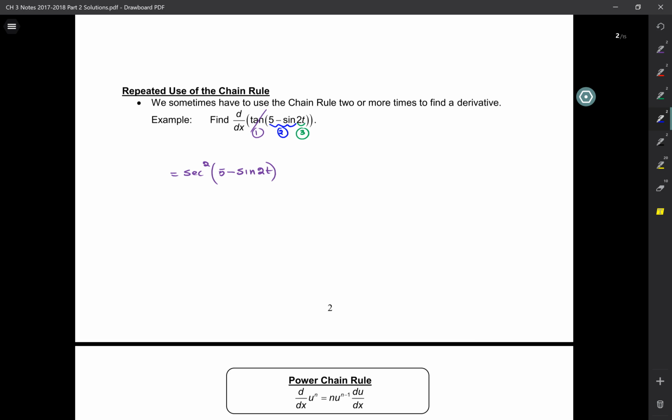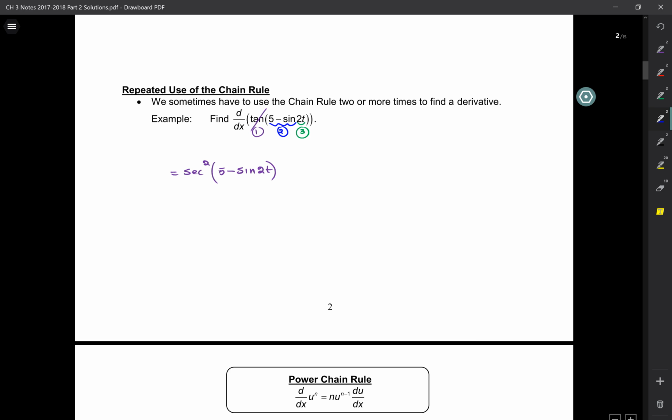So what'll that be? The derivative of 5 is 0. And then negative cosine of 2t. Is it really positive cosine though? Because it's negative sine. No, the derivative of sine is cosine. Okay. So now we got rid of the blue one as well. Now we need to take a derivative of 2t, which is 2.